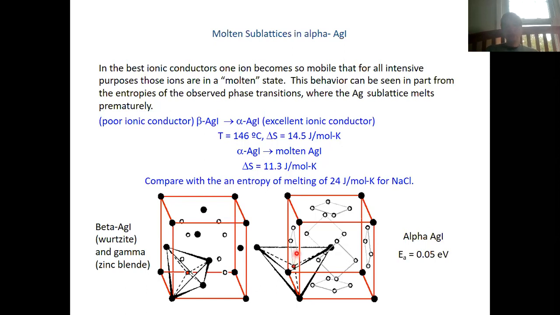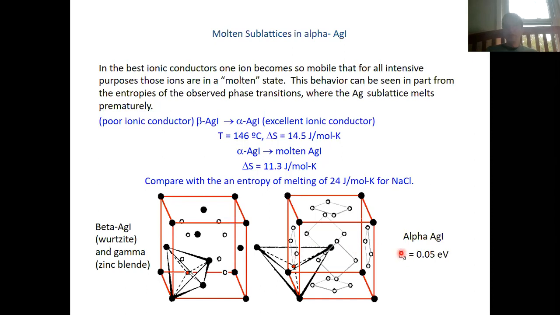another tetrahedral hole. Okay, so overall, we have more holes present, and these holes are face sharing, which further enables the ion migration because the activation barrier is decreased.